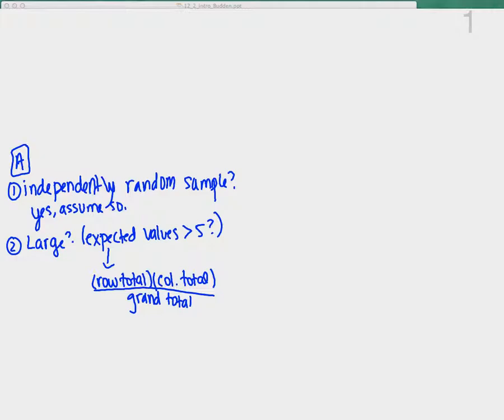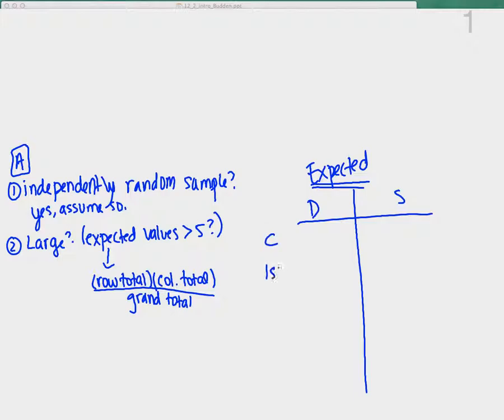So in our case, there's 8 of these that we need to calculate. I think it's kind of easier to put the expected values in a table. So we have died, and then we have survived, and then we have crew, first class, second class, third class.